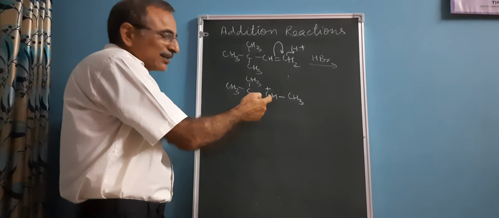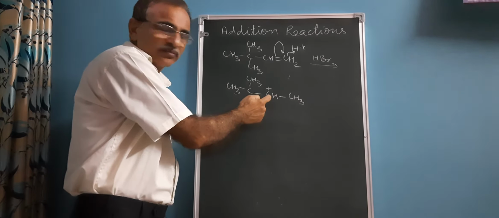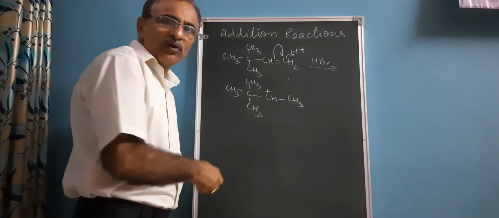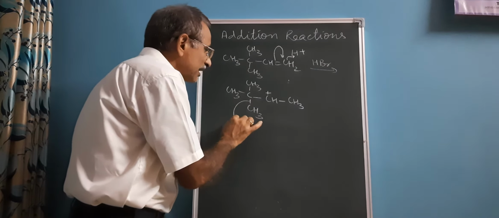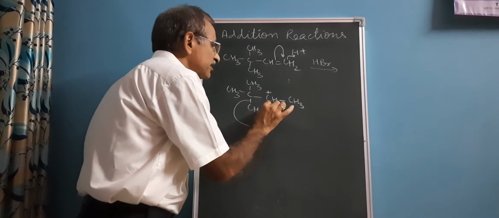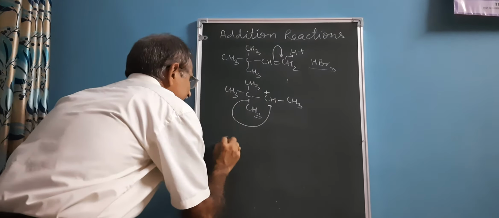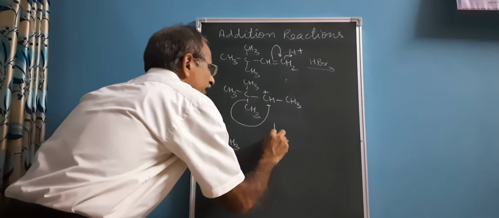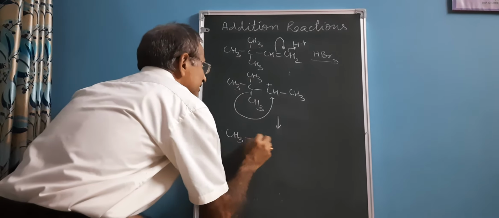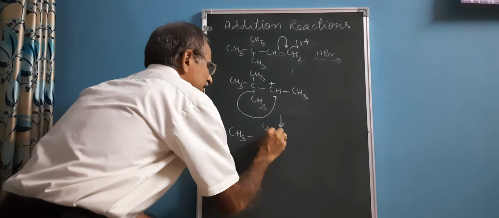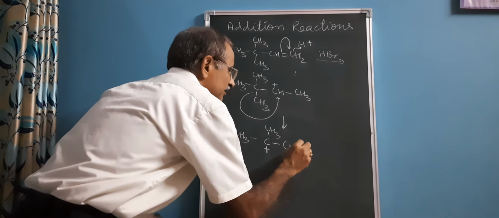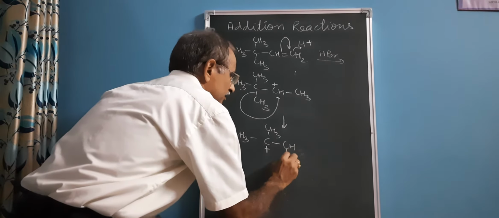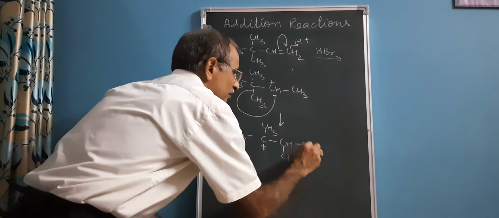Once this secondary carbonium ion is formed, there is 1,2 alkyl shift, methyl shift, and due to this methyl shift, this methyl reaches here, and that results in formation of CH3, CH3 here, a positive charge.